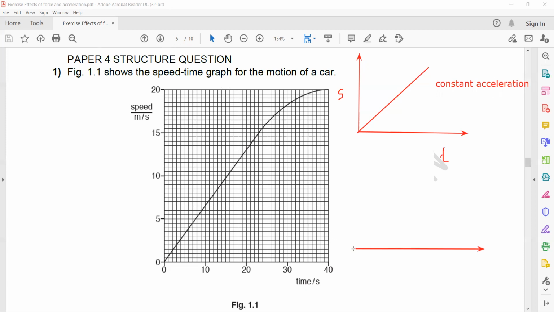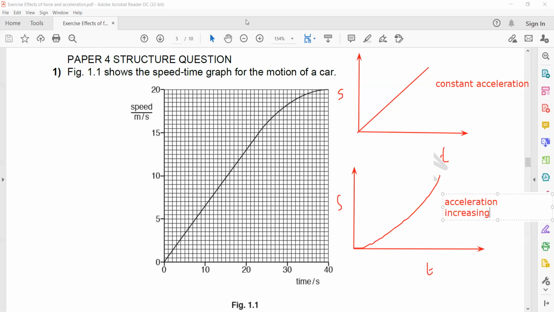If it is a curve, and the gradient or the slope is increasing, what we call that? We call that the acceleration is increasing.